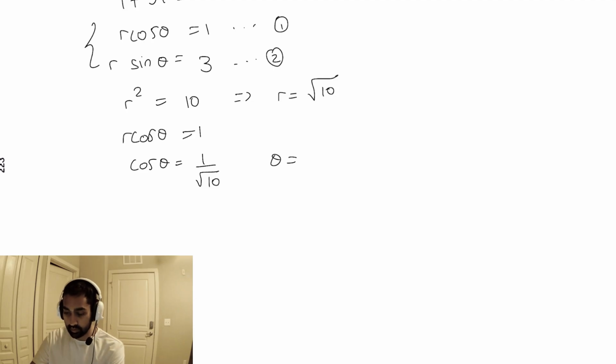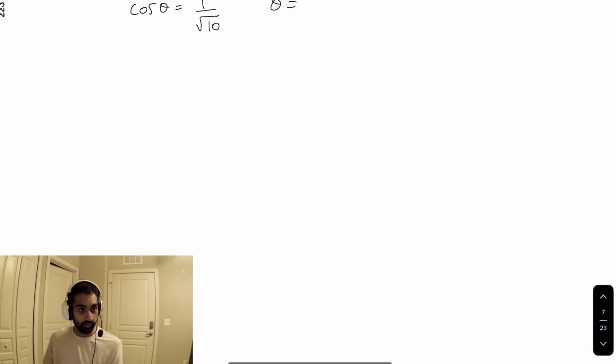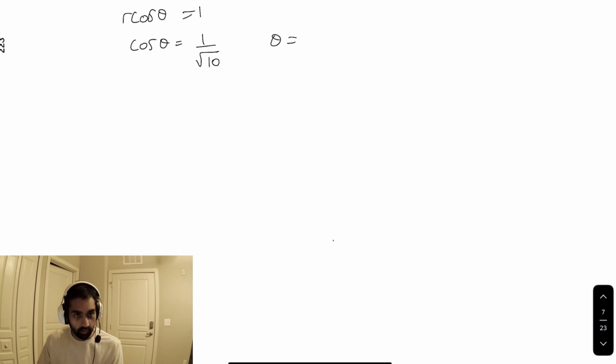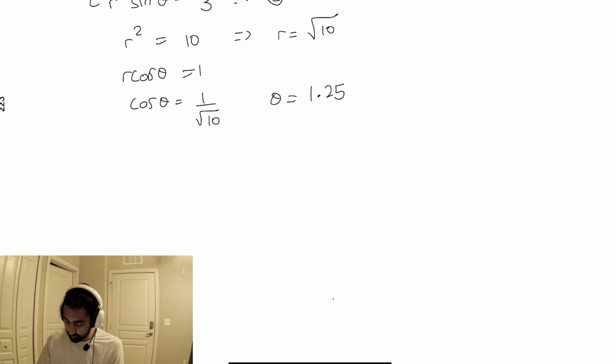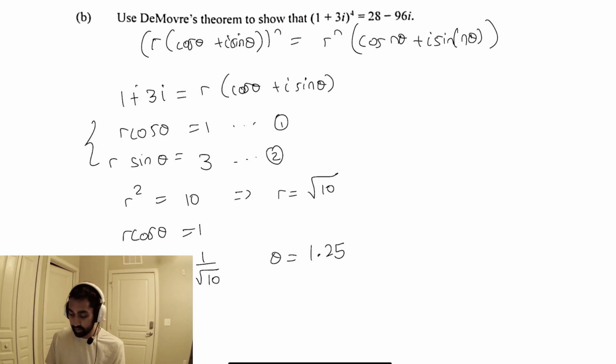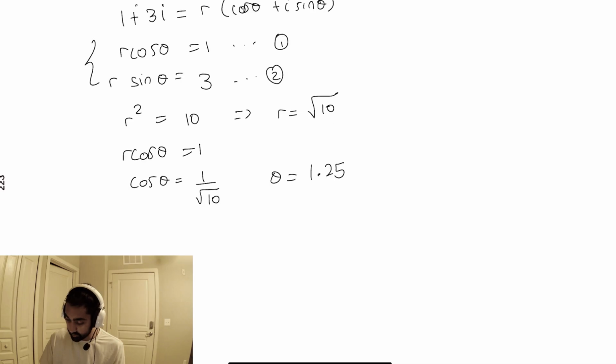And if I was to do that, I get, let's see, cos inverse of 1 over square root 10. So in radians, it's 1.25. So I have my r and I have my theta, and now I'm raising it to the power of 4.